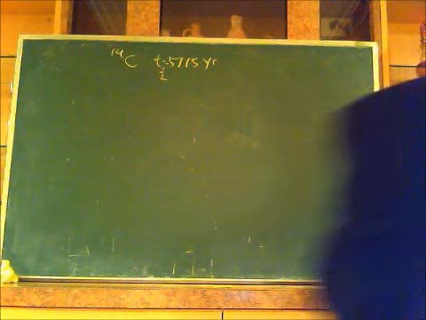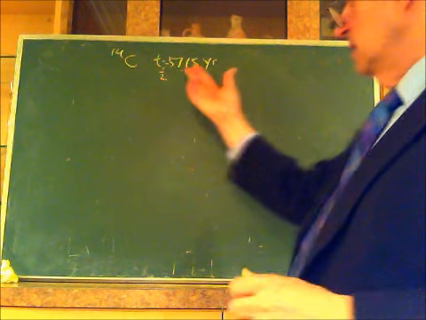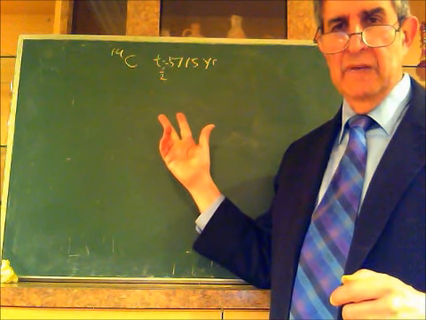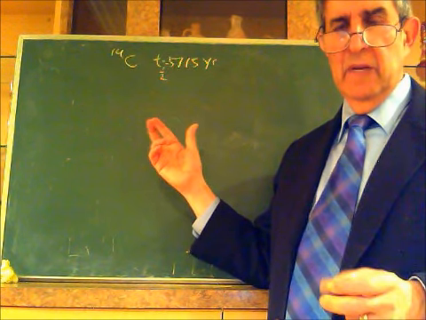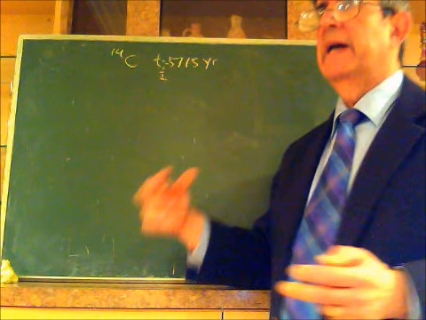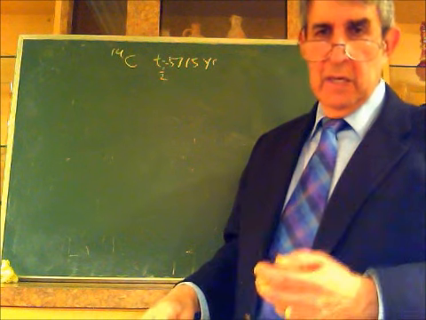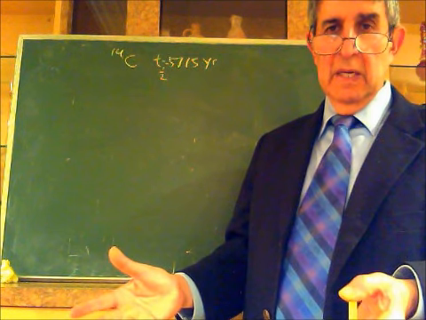The reason we can only go back about 60,000 years is that after 10 half-lives, the amount of radioactivity is so small, because there isn't a lot of carbon-14 in anything, but there is a certain amount that's present.